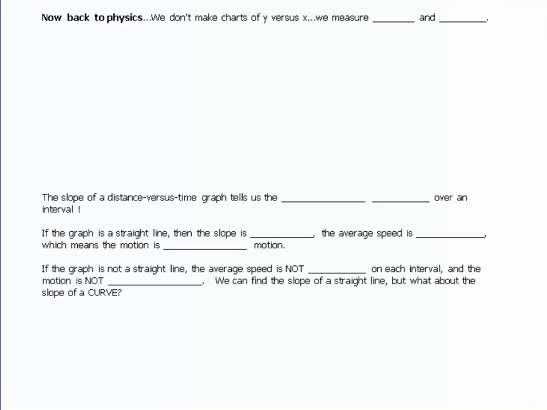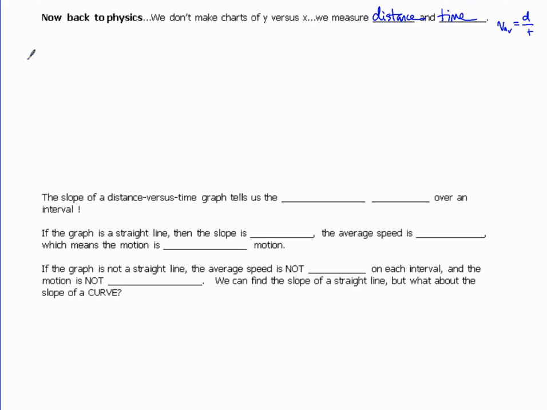So back to physics. We don't really make charts in terms of y versus x. That's more of a math thing. But there is a lot of overlap here. What we measure is distance and time. Think about our formula. Average velocity equals distance over time.